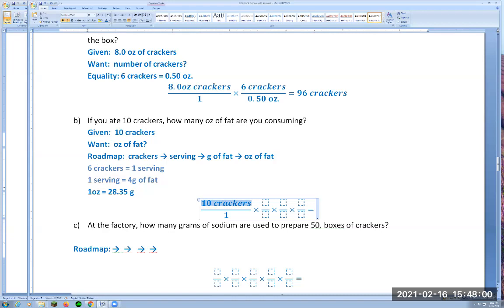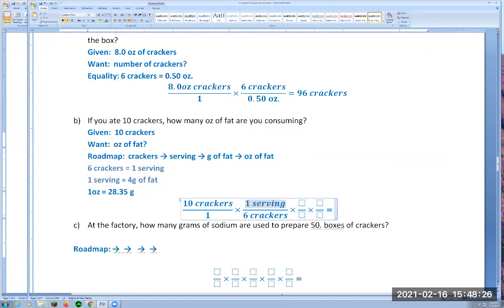Then you will multiply by 3 conversion factors because we have 3 conversions to do. The first conversion factor will change the crackers to serving, and we will use this equality here. So we want to cancel units of crackers there, number of crackers. So we'll put the 6 crackers on the bottom and the 1 serving on top.